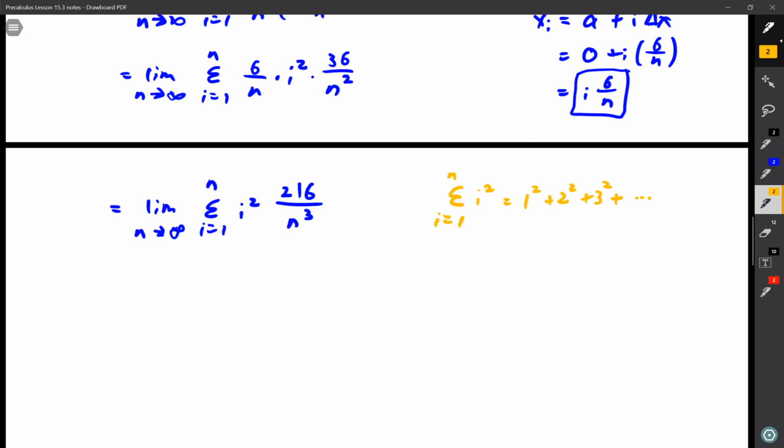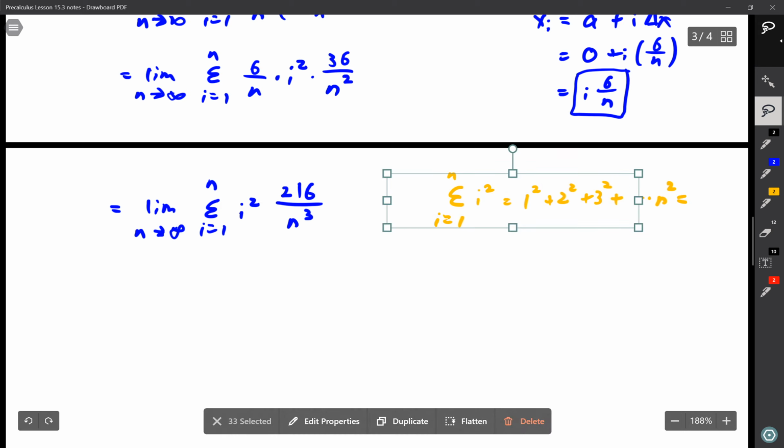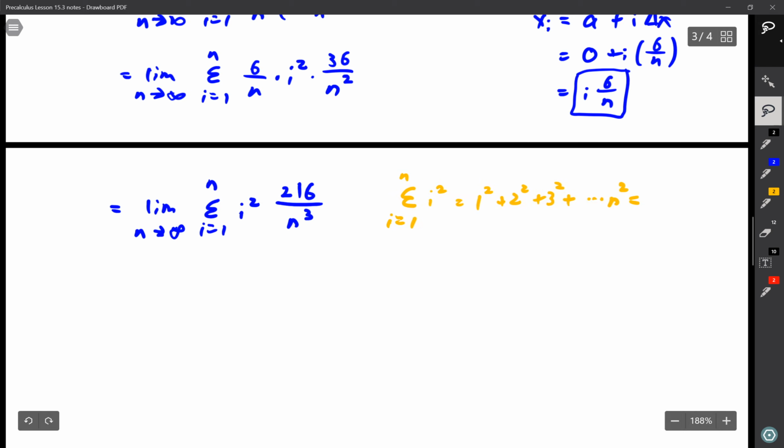And what we end up getting is that the sum here equals, I'm going to scoot this over just a little bit to give myself a bit more room. Perfect. The sum equals n times n plus 1 times 2n plus 1 over 6.